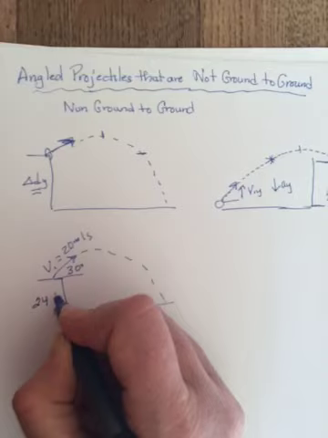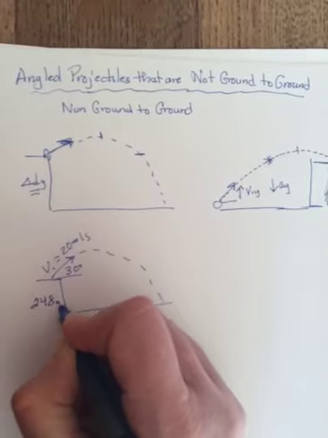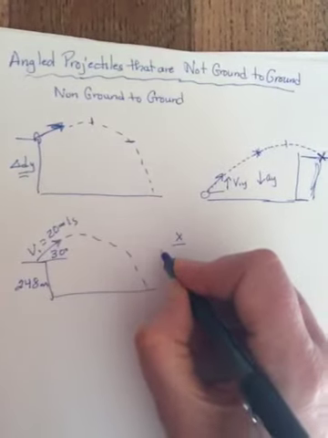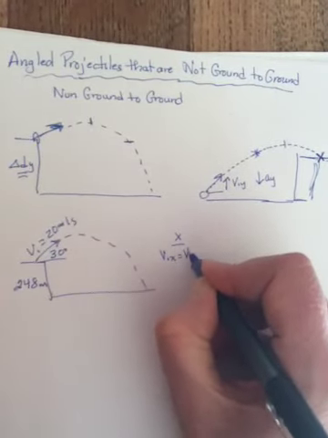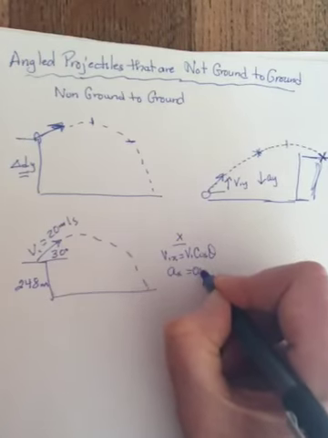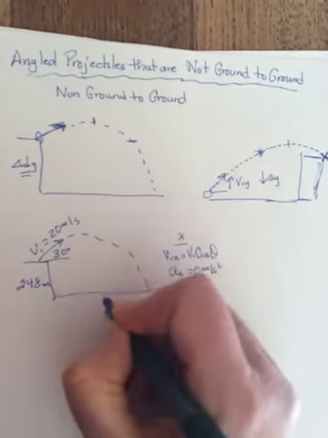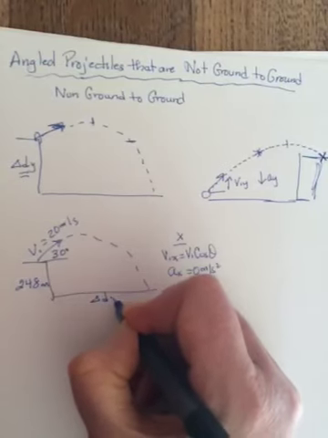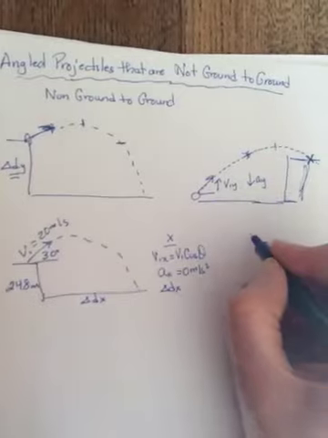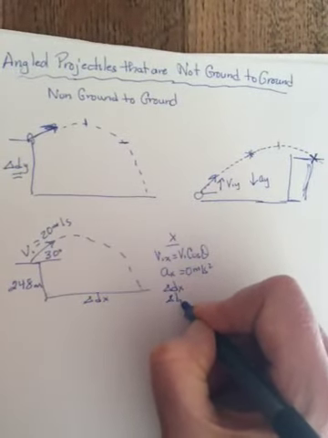That's really high. Is that really what I want? 248 meters. That's a high building. In the x direction, our VIX is still VI cos theta, and our AX is still 0. The question probably asks, how long is it in the air and how far away did it land? So we're looking for delta dx and delta t.